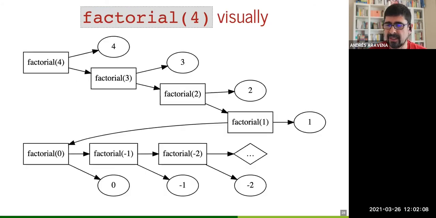And then it essentially can go to factorial of 1, factorial of 0, factorial of minus 1, factorial of minus 2, and then you get into trouble because essentially you go forever. So the problem that we have here in this very short version is that it will never finish. It will go deep down.